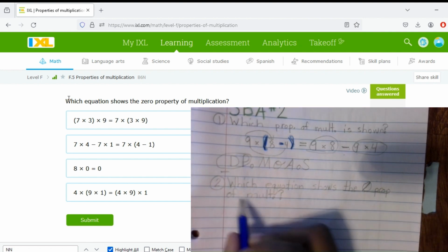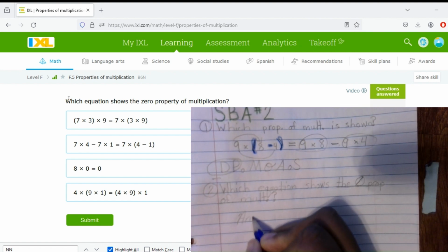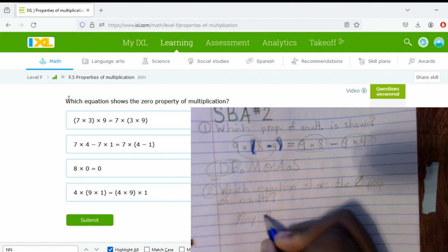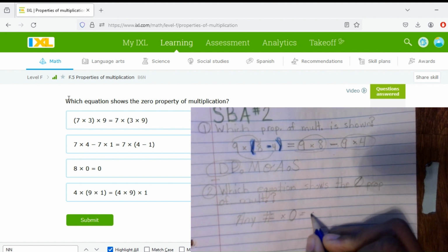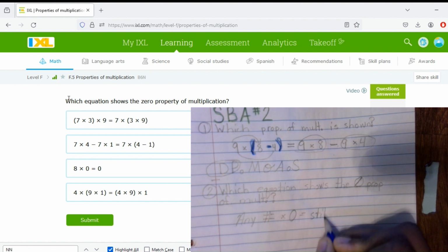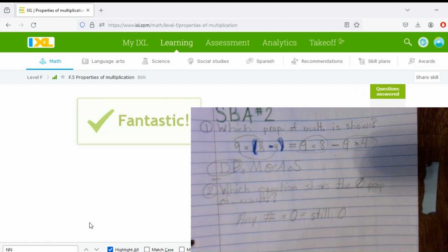The zero property of multiplication, that's any number times 0 is still 0. And so I look at my different options. I'm not multiplying by 0. I'm not multiplying by 0. I am multiplying by 0, and I'm not multiplying by 0. 8 times 0 equals 0 because any number times 0 is still 0.